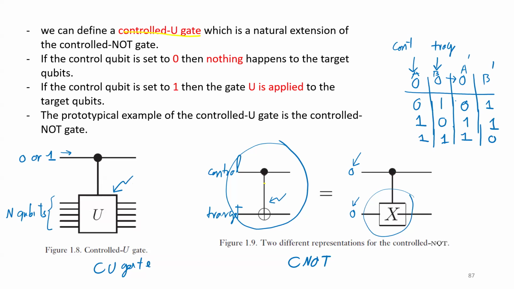If you have 0, it says to this U, don't do anything. If you are putting here 1, it says do your job. And this job could be anything that you are going to do on the n qubits. So you end up doing what we call the CU gate. Again, this U could be doing any operations on the n qubits that you are feeding it with. So this is the controlled U gate.